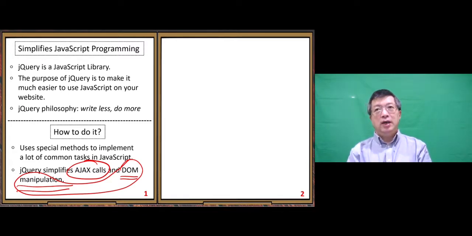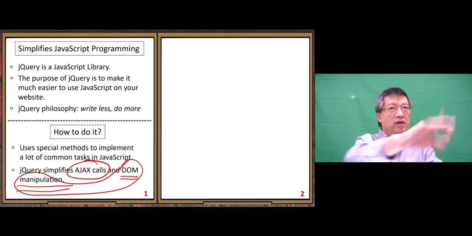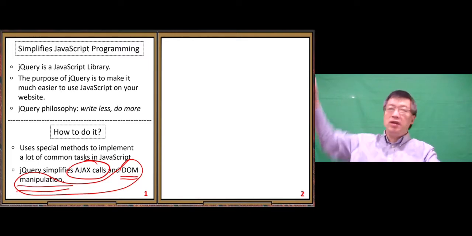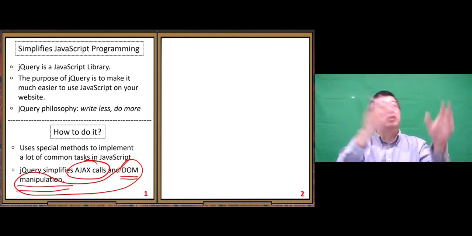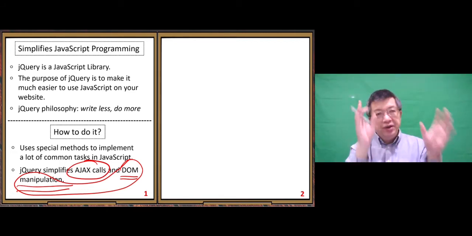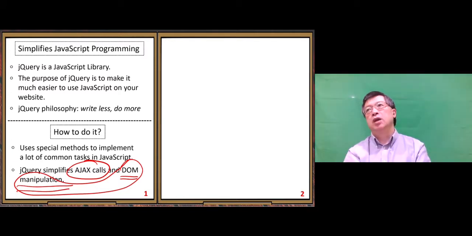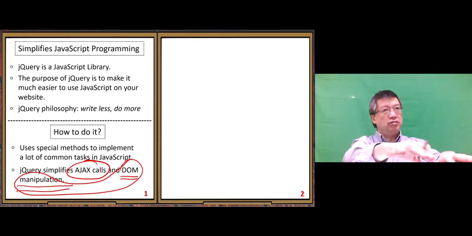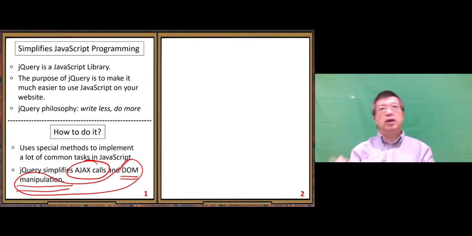But when we do practice, I don't want you to skip the regular JavaScript. I don't want you to skip regular Java, oh sorry, JavaScript, not Java, and jump to jQuery immediately, because you need experience of regular JavaScript. jQuery is more efficient than regular JavaScript, but I don't want you to jump there immediately.